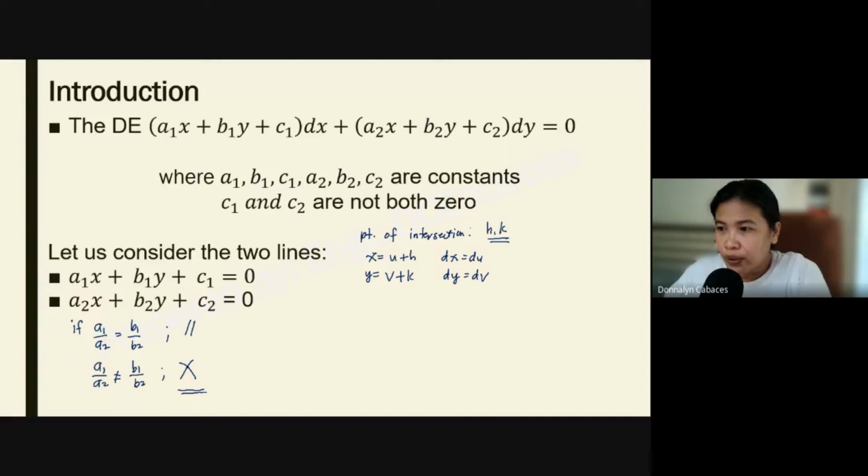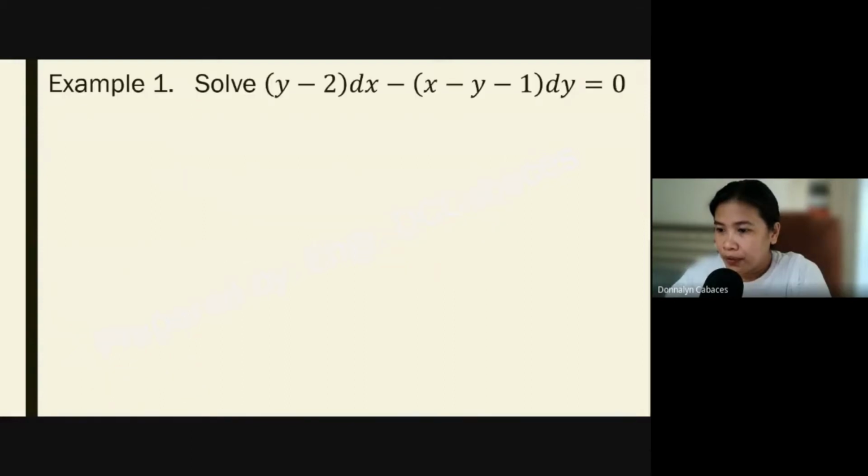Okay? So let me give you the first example for coefficient linear in two variables for intersecting lines in particular. (y - 2)dx - (x - y - 1)dy = 0. So what are the two equations of the lines here?